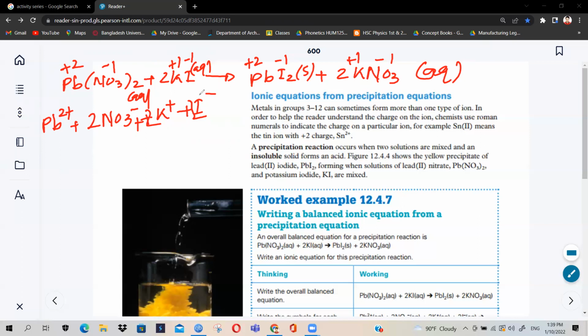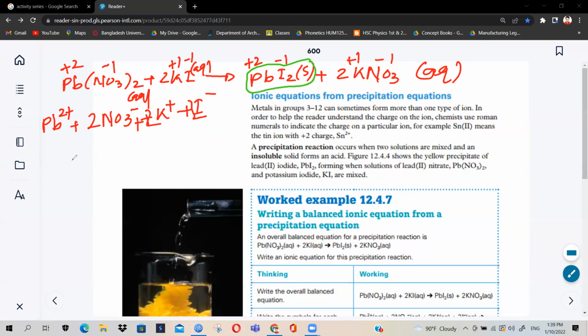Now my question is, in the right side you are getting a solid compound. Solid compounds means that it has been precipitated. So which ions together will form this PbI2 or lead iodide? Cation and anion. What is the cation here?